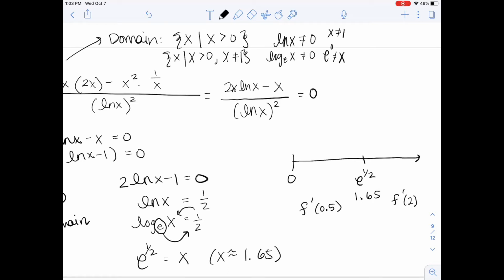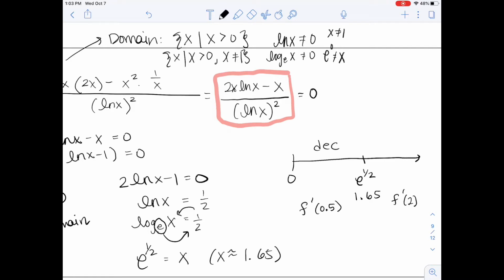So substituting in 0.5 into my derivative, I will go ahead and box up here. That was our simplified derivative. When I substitute that in, we arrive at an answer that is going to be negative, and that means that this function on this interval is decreasing.